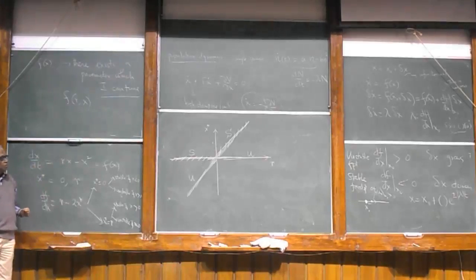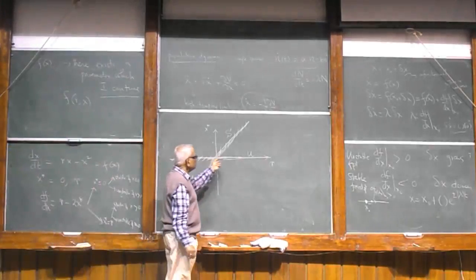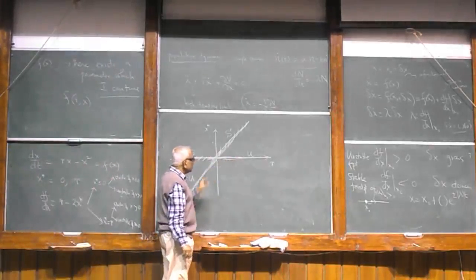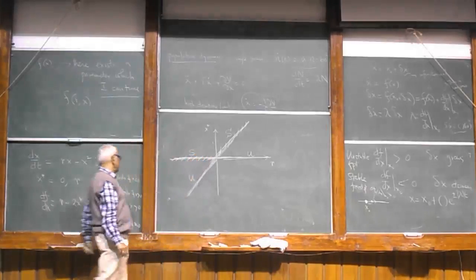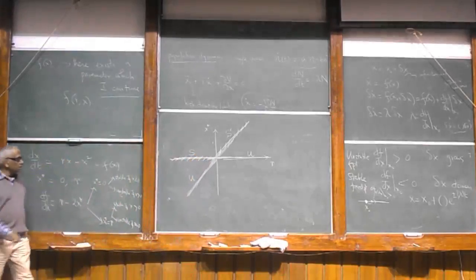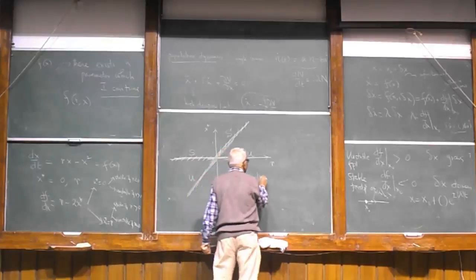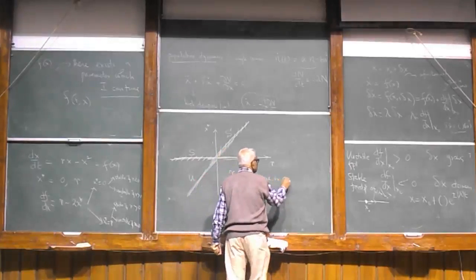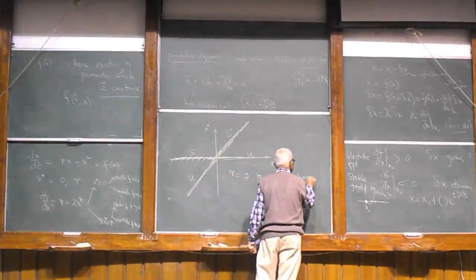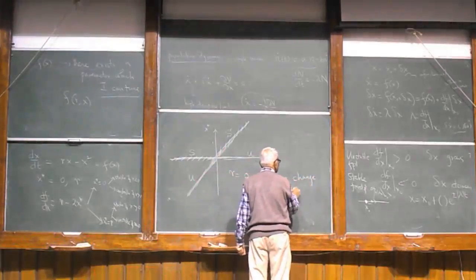So if I look at this X star versus R plot, and I'm allowed to tune this parameter from negative to positive, then at R equal to 0 there is a change in the stability pattern.